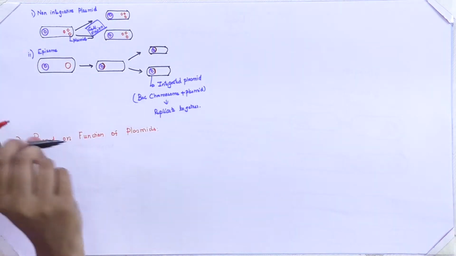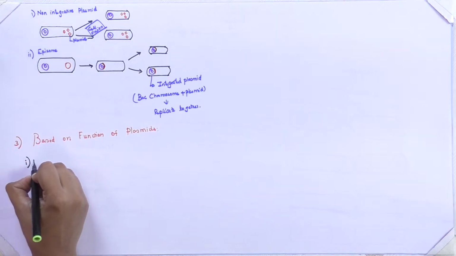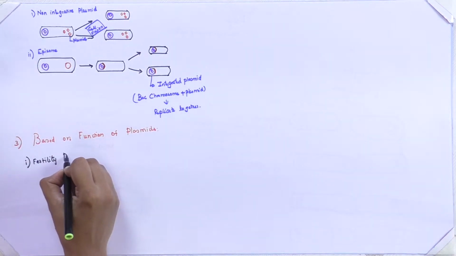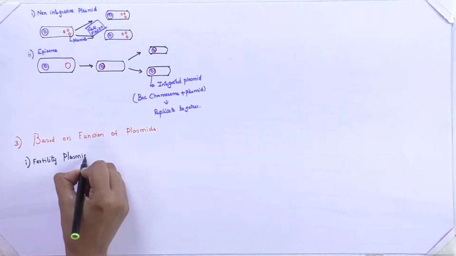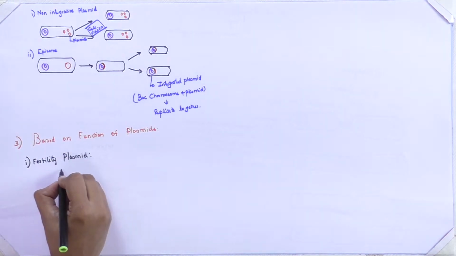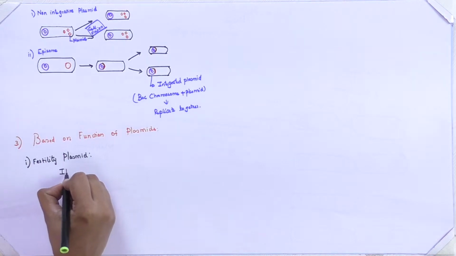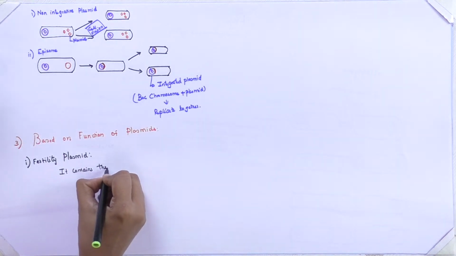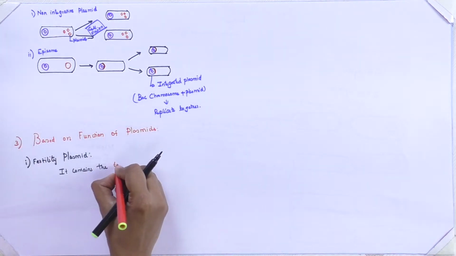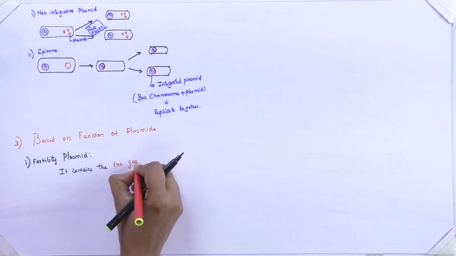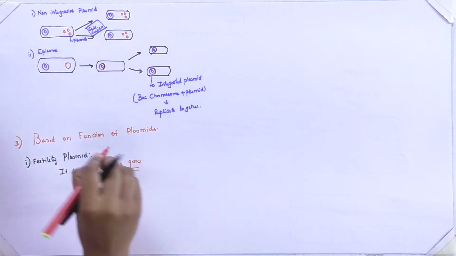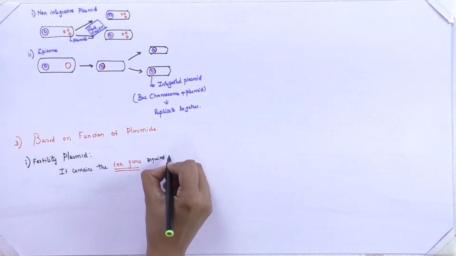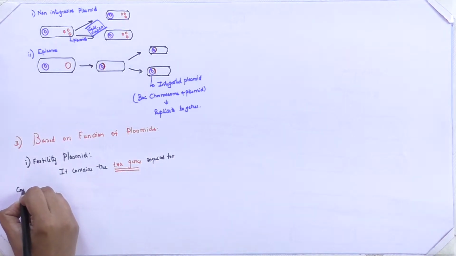So the first category is the fertility plasmid. As the name indicates, it is used for fertilization. That is, the F plus factor will be present. It contains the transfer genes, the main feature, which are going to transfer your material to the next cell, required for conjugation.